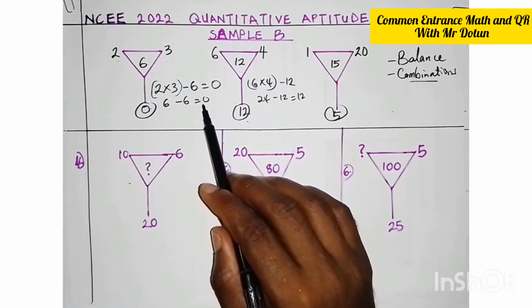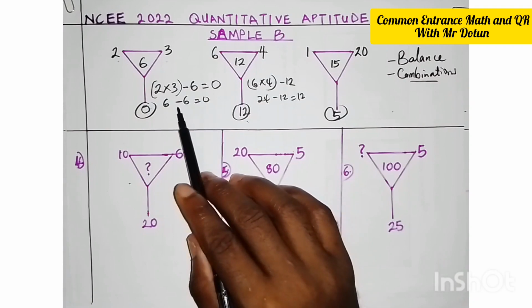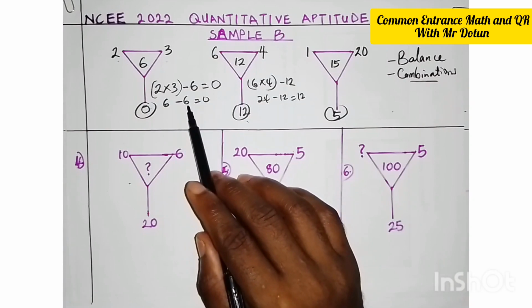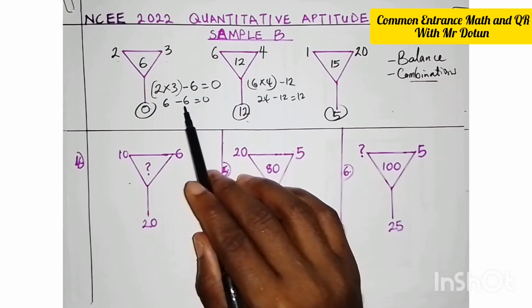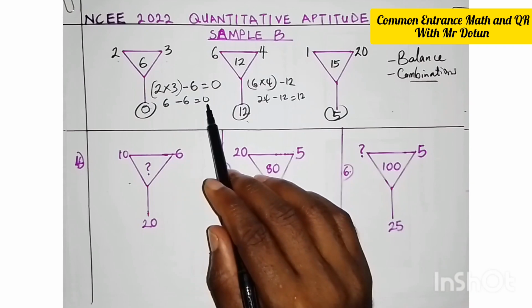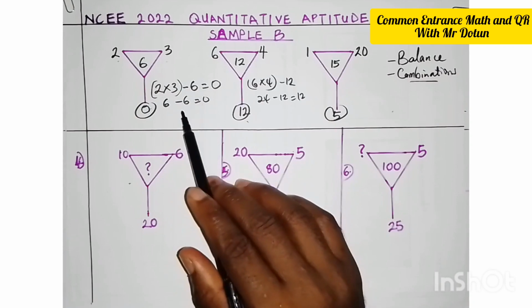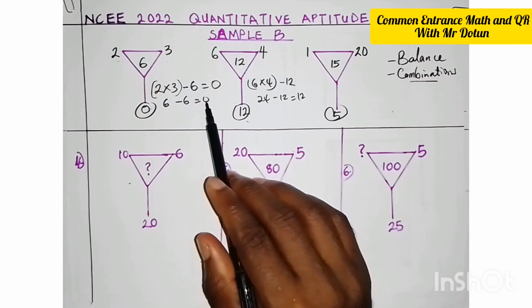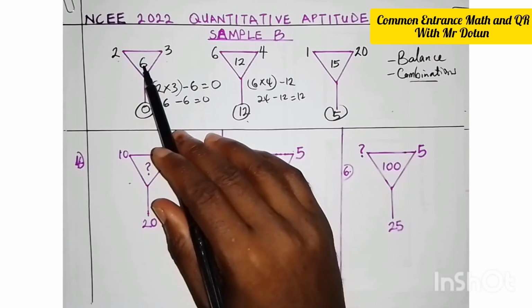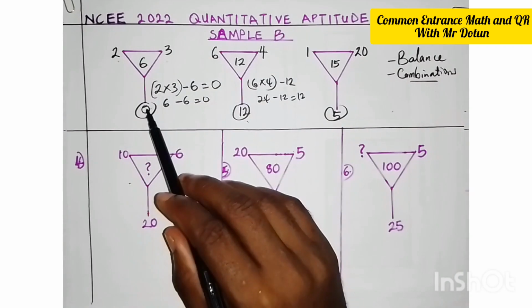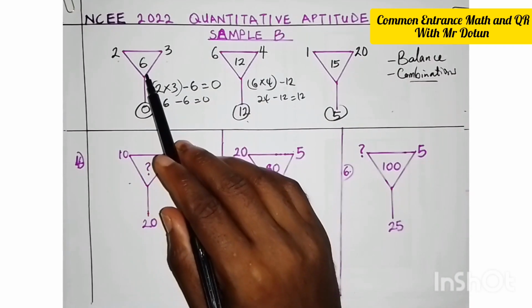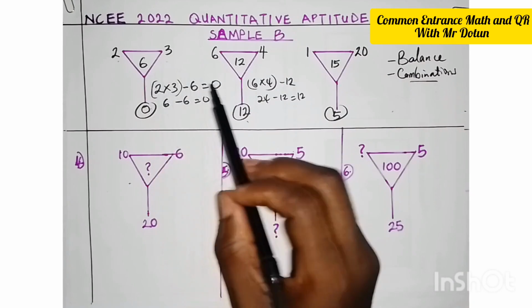The last thing we did to get 0 is minus 6. So going back, the first thing we do will be the opposite. So we'll do 0 plus 6. Are you getting the reversal now?